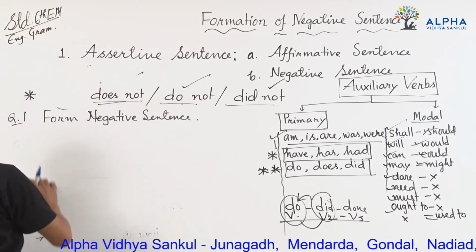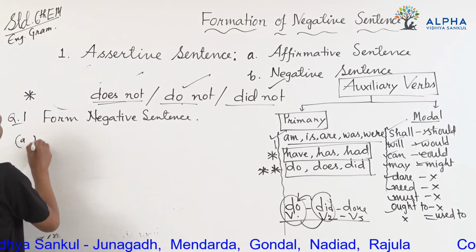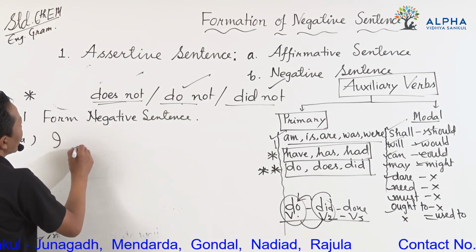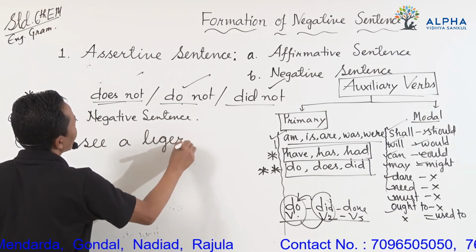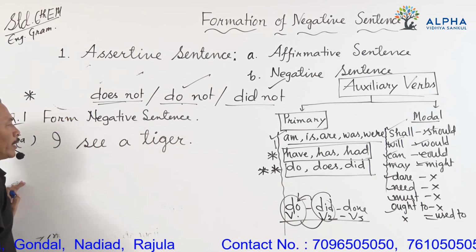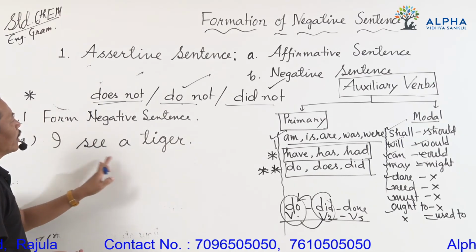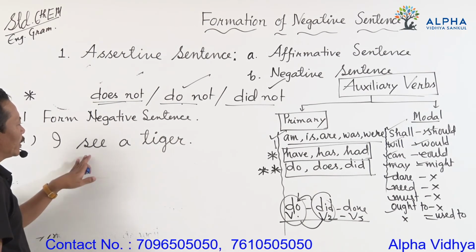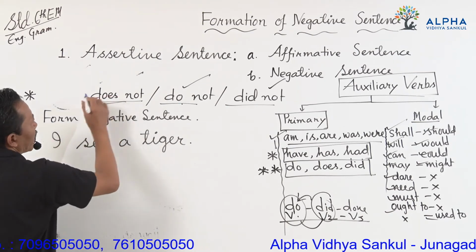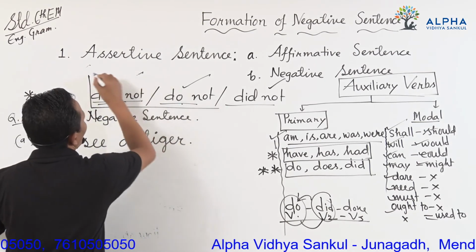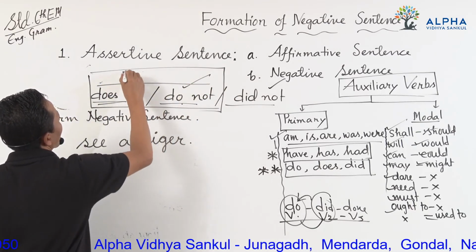Now, if there is no helping verb: I see a tiger. Student, how can you change this? I see a tiger. Here, students, see is the present form. That is why for the present tense we have to use do, and this is for the present.